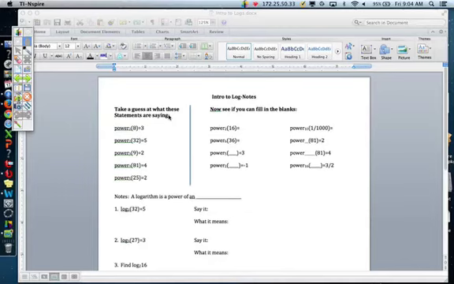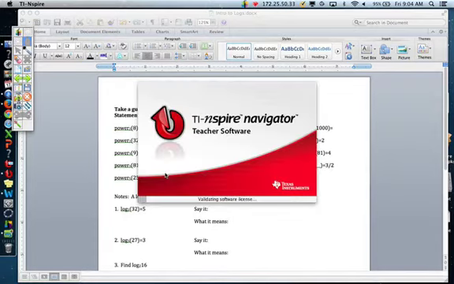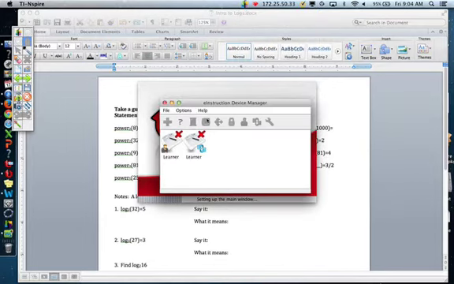To logs here. So the first thing we're going to take a look at is this first column, and we're going to see if you can see any patterns here. Let's see if I can get this to work.